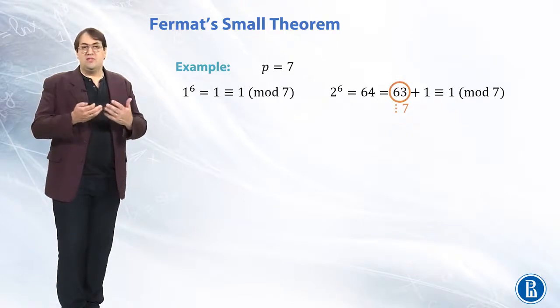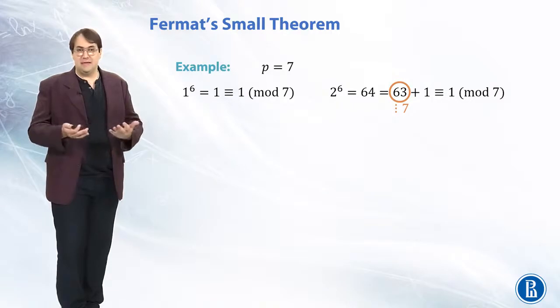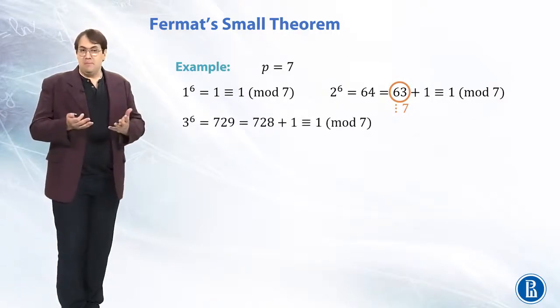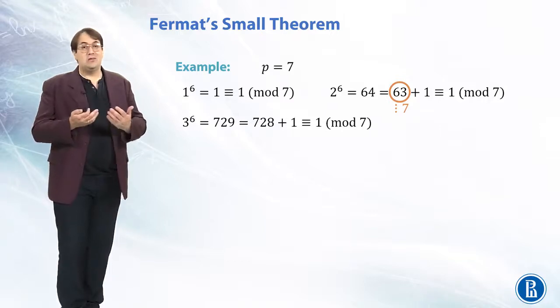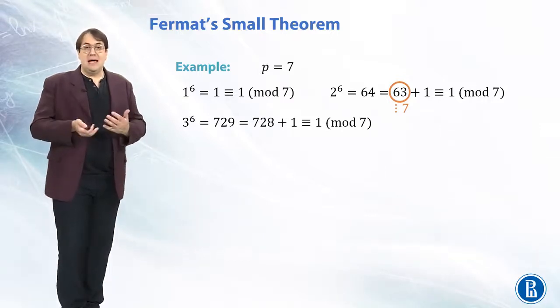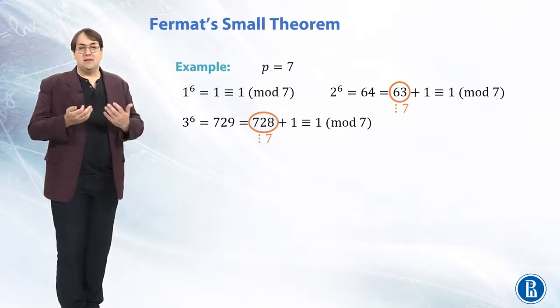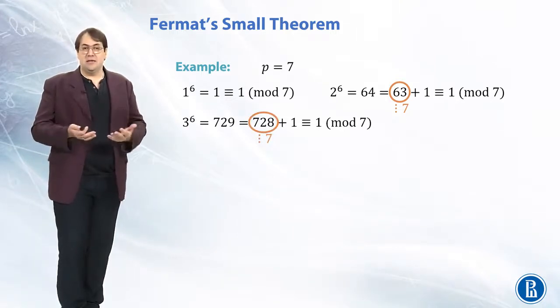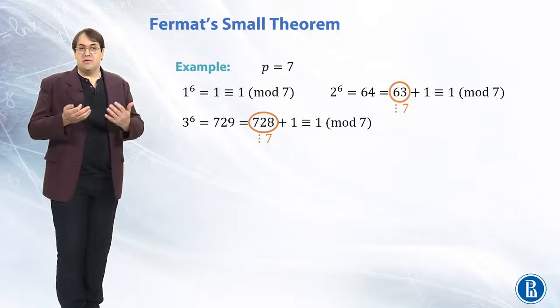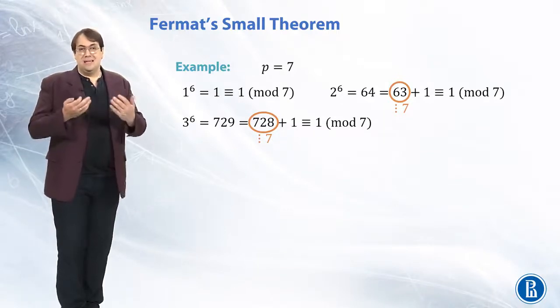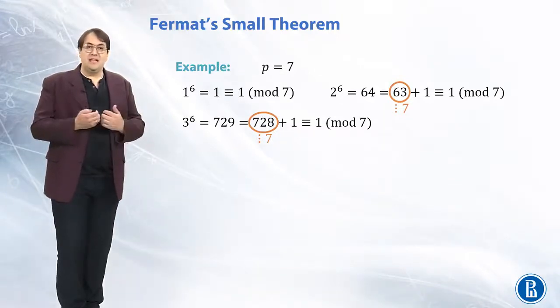So 2 to the power 6 has remainder 1 when divided by 7. What about 3? Well, 3 to the power 6 is equal to 728 plus 1, and it's easy to check that 728 is divisible by 7. So 3 to the power 6 also has remainder 1 when divided by 7.